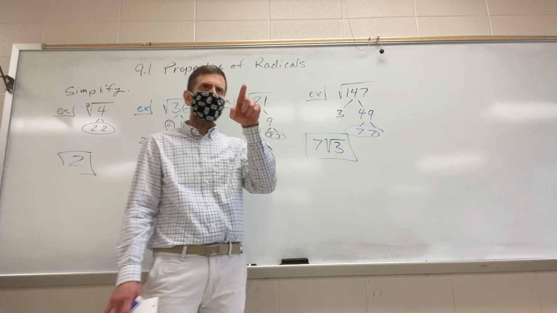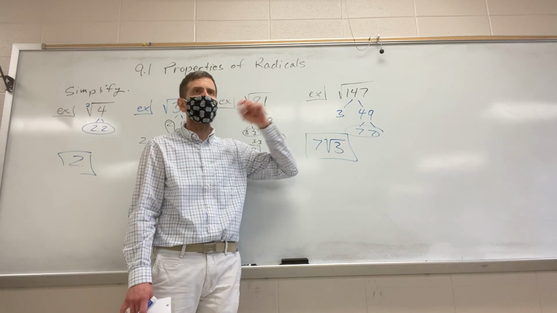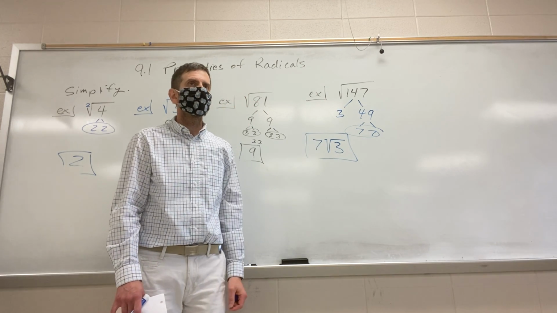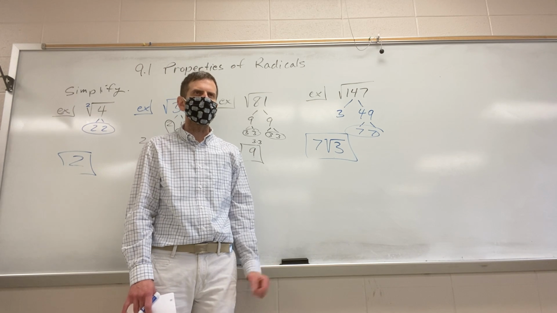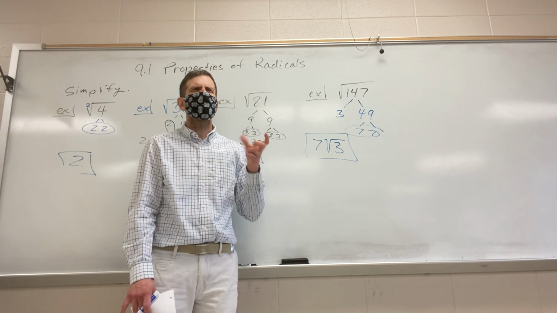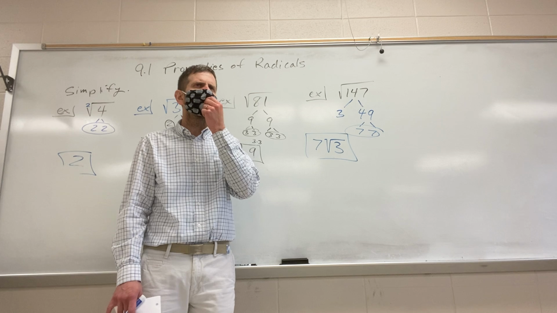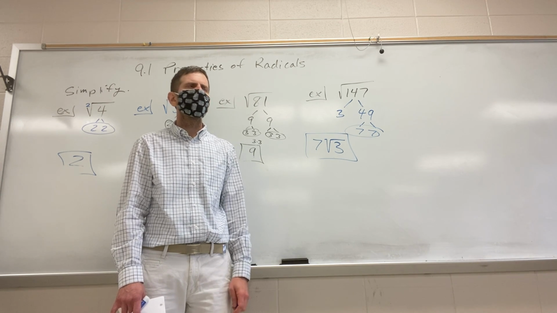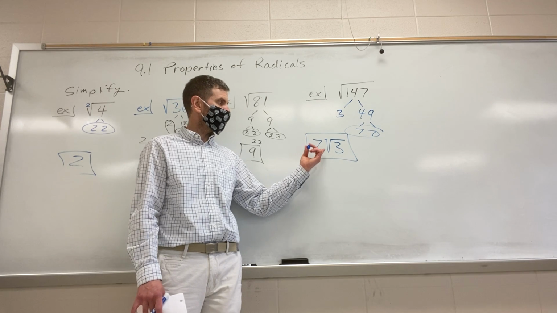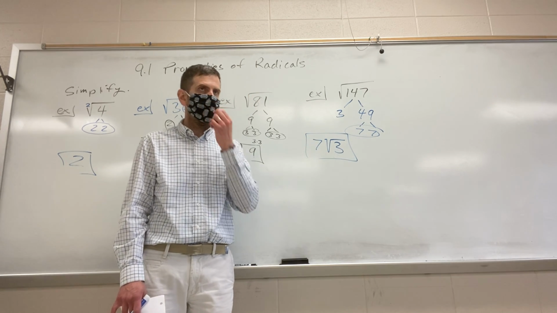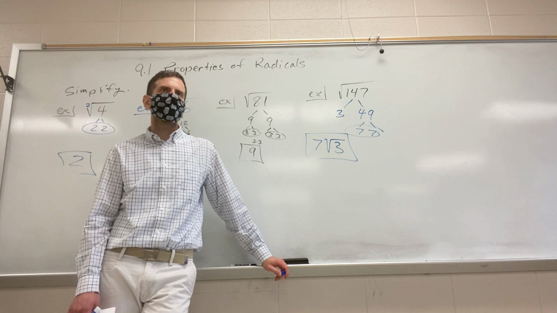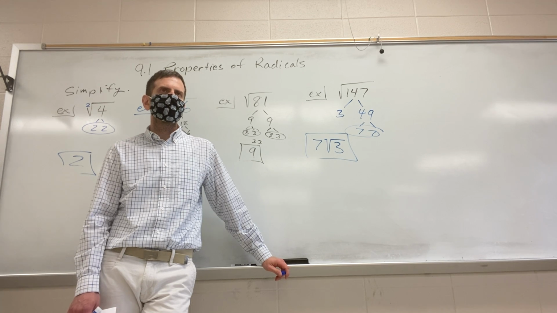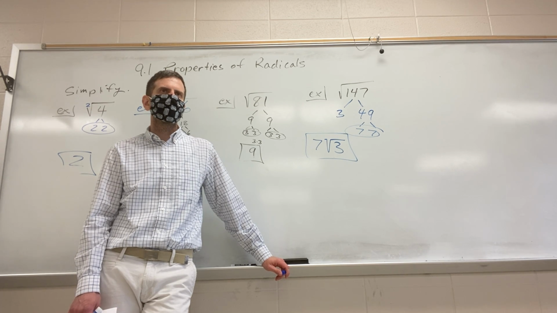Well, in your calculator, punch in square root 147, and you're going to get a messy decimal. What's that messy decimal rounded to 1 decimal place? 12.1. Yeah. Okay, now do 7 square root 3 in your calculator. 9.89?